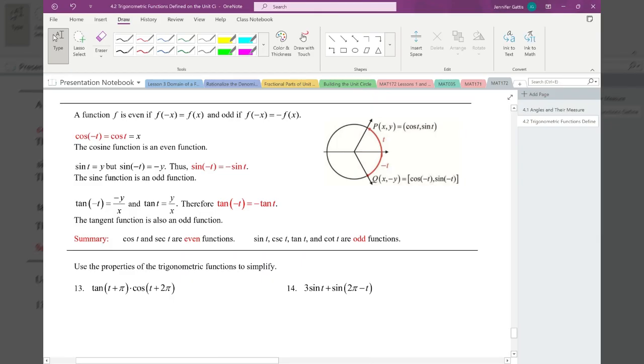So the cosine of negative t is equal to the cosine of t. So cosine is even, but sine is odd. So when we consider that sine is odd and cosine is even, that means that tangent is also odd.